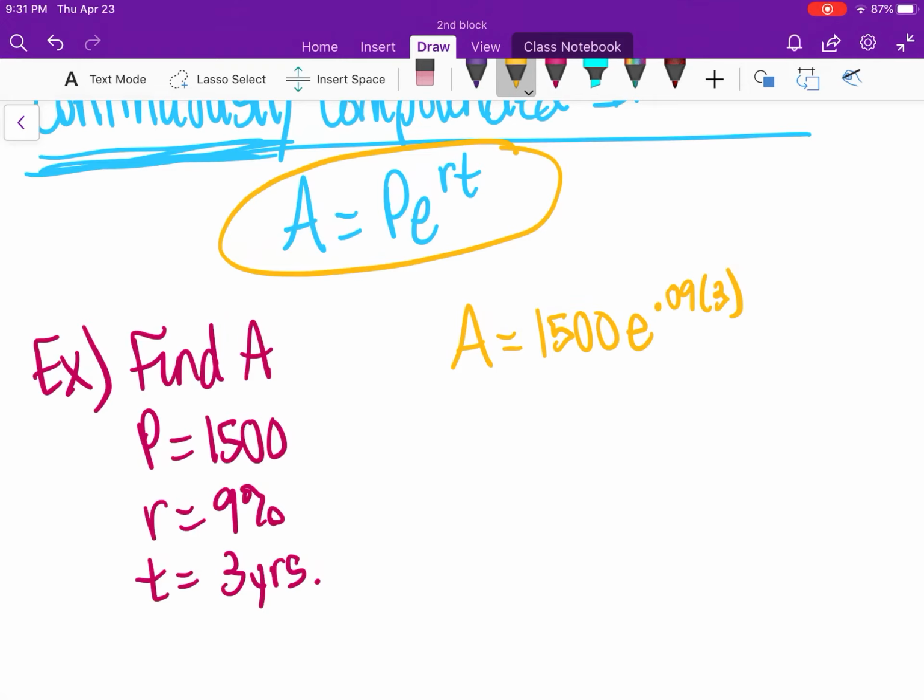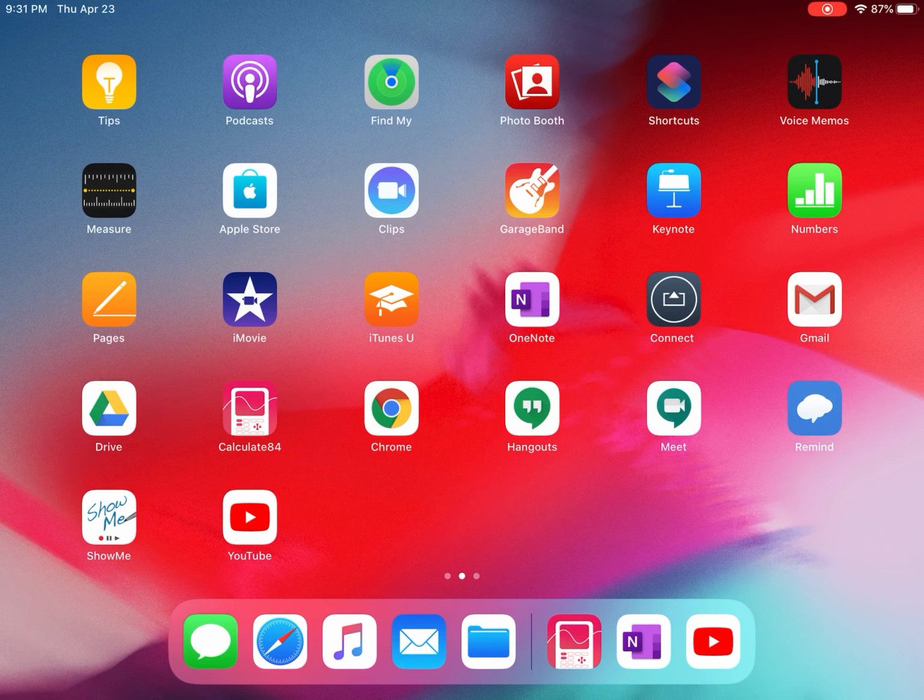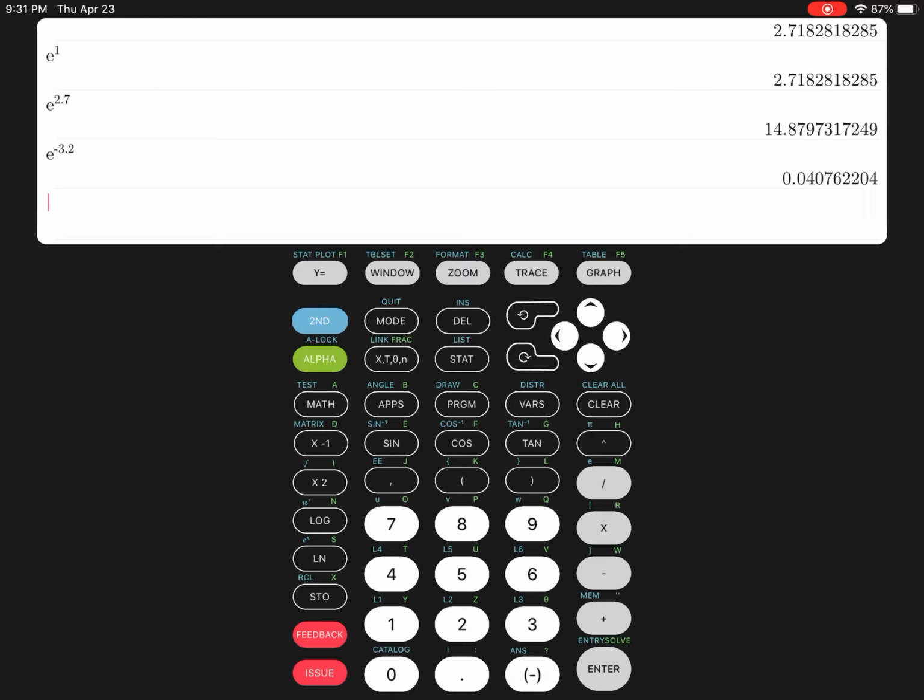Okay, so that's your setup. I put in my 9% is 0.09 again, and then 3 for years. So now when we enter it in our calculator, we should be able to do it all in one step. We're going to type in 1,500 E, and I've already got my exponent, so it's 0.09 times 3.